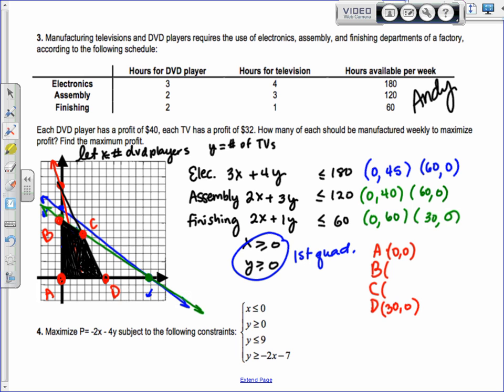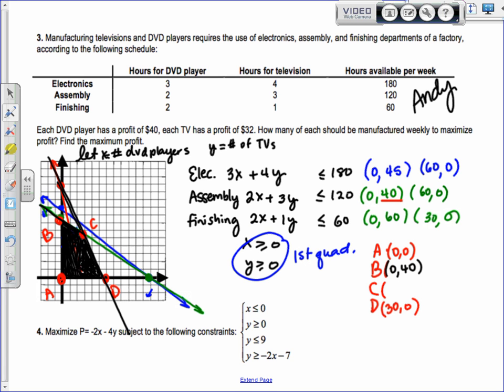B was the y-intercept for the green line, so it was 40. So 0, 40. Oh, whoops, that's B. All right, and then the C value is the one we need to find. Do you guys remember we did this last time? We had to find C. This is the last line I drew, the green line.